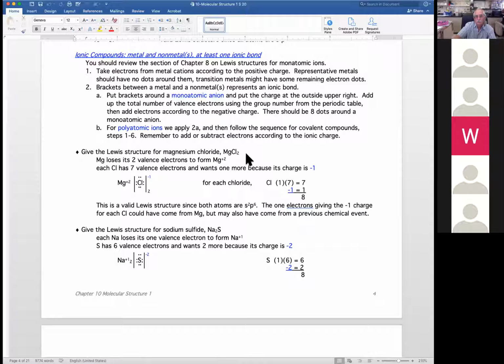Cl2 is not a polyatomic ion. So what you have is 2 monoatomic ions. So I'm putting the monoatomic ion in there. And chlorine is in group 7, but that -1 means it got 1 more electron from somewhere, and that should add up to be 8, so that chlorine is meeting the octet rule.